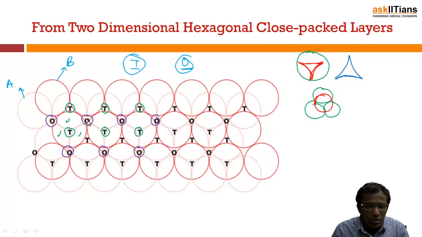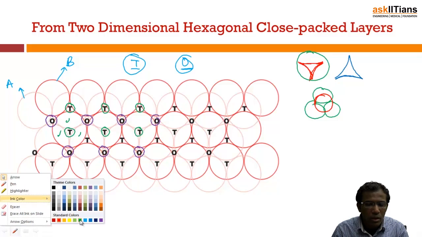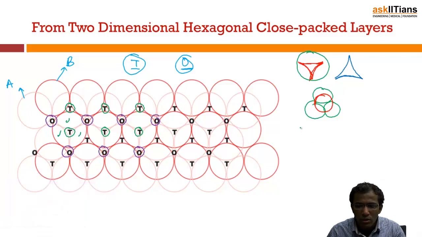Because you can see there are three spheres in the first layer, 1, 2, 3, and this one, and this one. So in total there are six spheres, three above and three below, and these are forming an octahedral void like this.